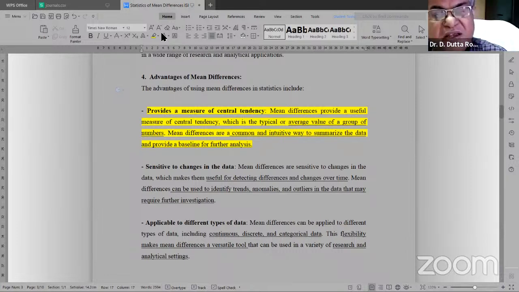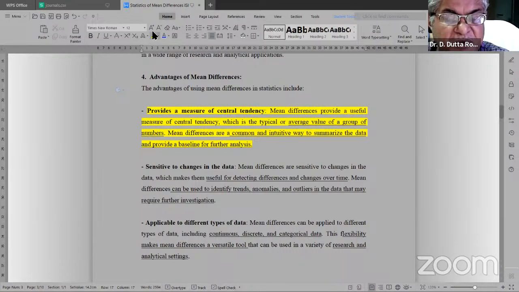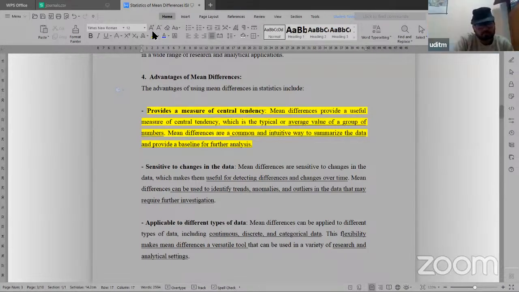And please ask again, because the example is not clear and you have no idea. Okay, sir, that is the main problem. For example, you have written that mean difference can be applied to different types of data, including continuous, discrete, and categorical data. Okay, sir.